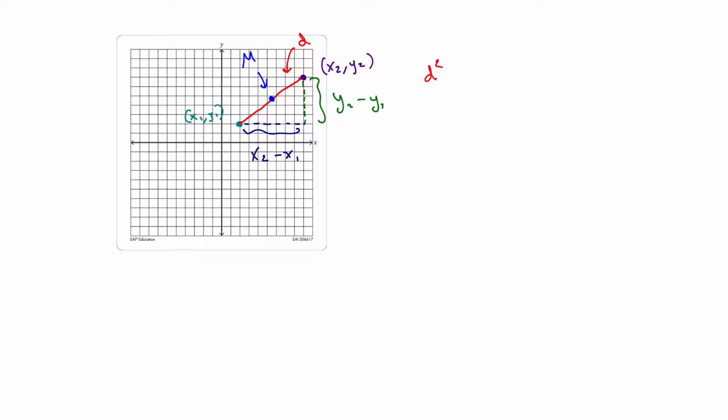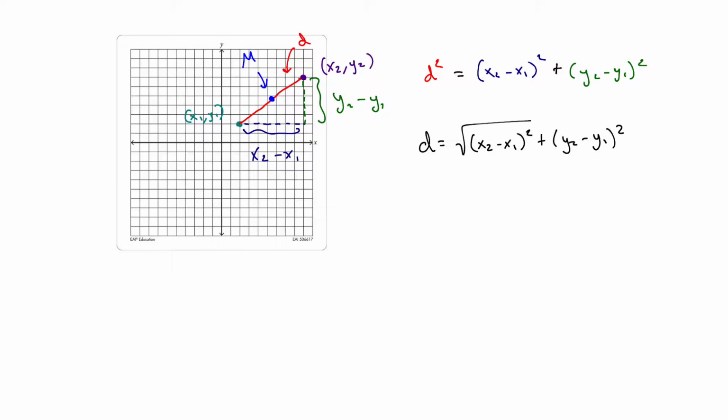D squared is equal to x sub 2 minus x sub 1 quantity squared plus y sub 2 minus y sub 1 squared, which gives us the formula when we take the square root of both sides and we ignore the minus sign. Like, we do the plus or minus, but we ignore the minus because it's a distance, and you get the square root of x sub 2 minus x sub 1 squared plus y sub 2 minus y sub 1 squared. So that's the distance formula.